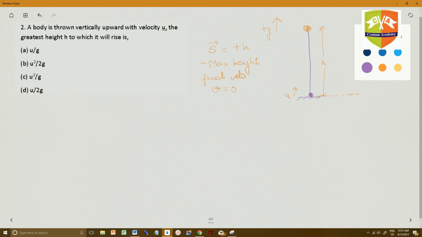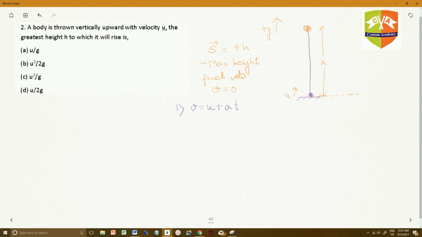Now let's write down all the three equations of motion. The first equation of motion is v is equal to u plus at. The second is s is equal to ut plus half at square, and the third is v square is equal to u square plus 2as.